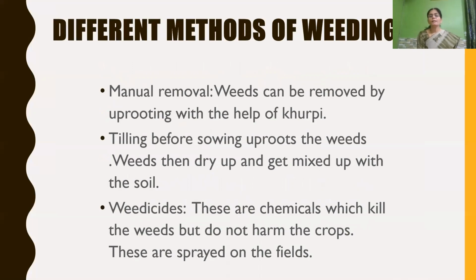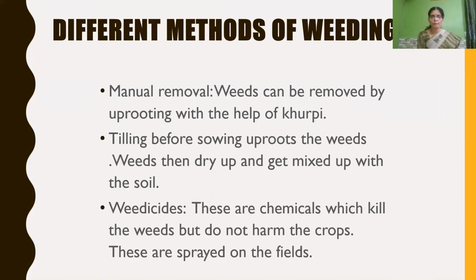There are different methods of weeding: weeds are removed manually, by tilling, or by using weedicides. What is manual removal? Weeds can be removed by uprooting, along with the roots, with the help of an agricultural implement called a kurpi. Very, very essential: kurpi is the name of the agricultural implement used to remove weeds.